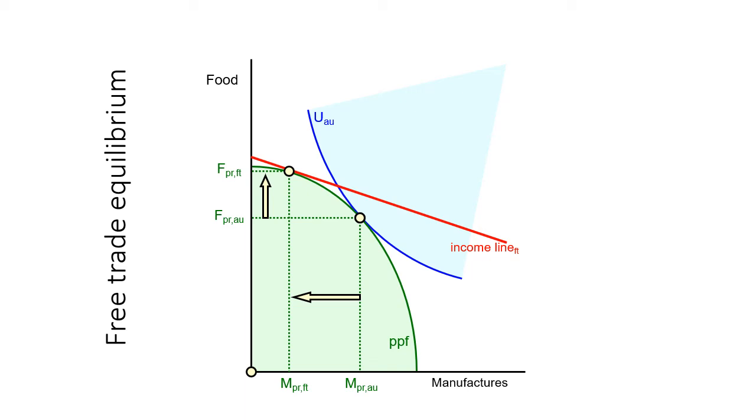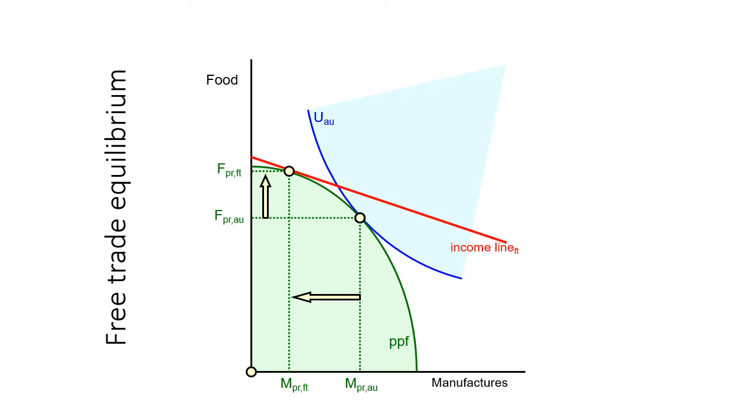Now, when the economy opens, there are new world prices, and because there are new world prices, there's a new slope, right? And it happens to be, we're just choosing that it's a more horizontal line. Where does production occur? Production has to occur at the point where the marginal rate of transformation equals the new world prices.